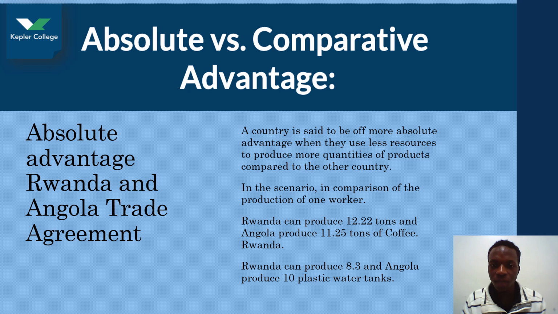So Rwanda is producing more tons of coffee. And referring to Angola, it will be producing 10 plastic water tanks against Rwanda's 8.3. So Angola is producing a higher quantity given the same amount of resources. So Rwanda can specialize in producing coffee, and Angola in producing plastic water tanks.